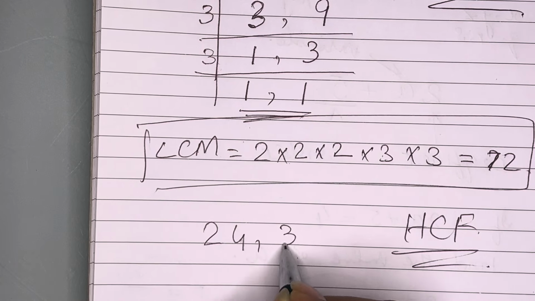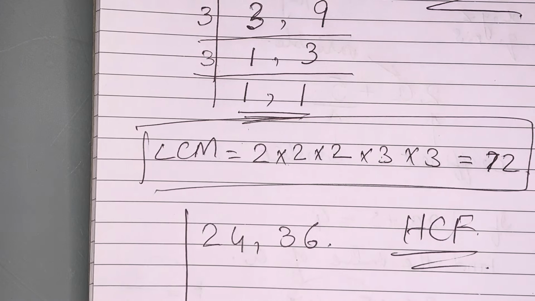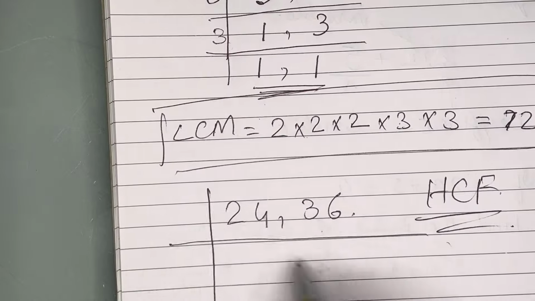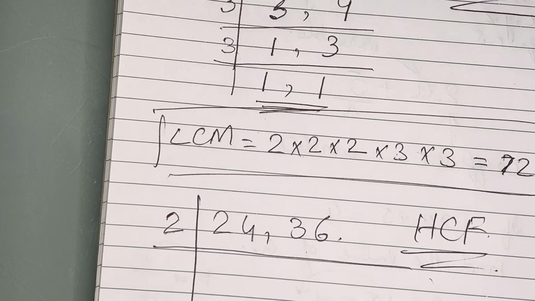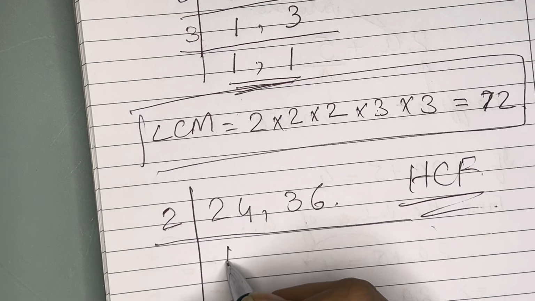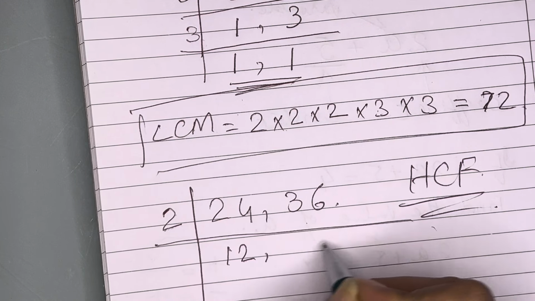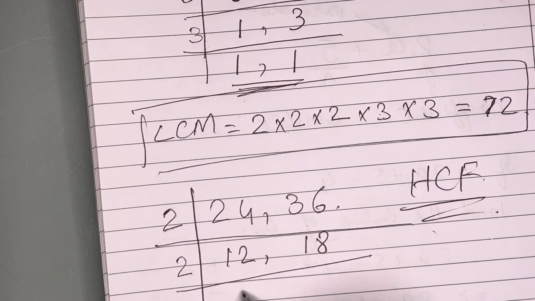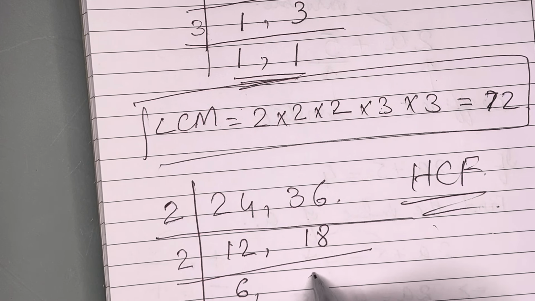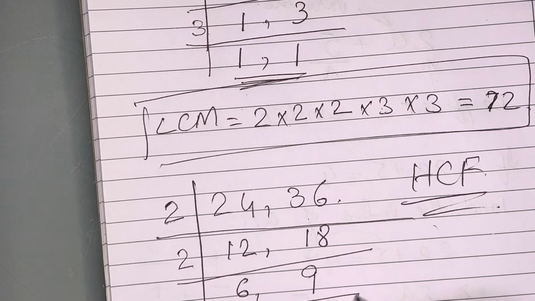Once again, HCF of 24 and 36, the division with the prime numbers. The first prime number is 2, and 2 12s are 24, 2 18s are 36, 2 6s are 12, 2 9s are 18.